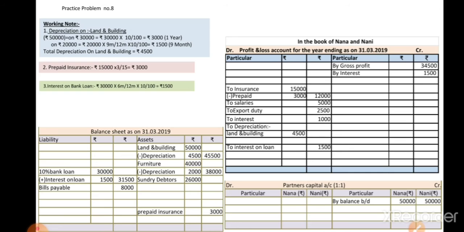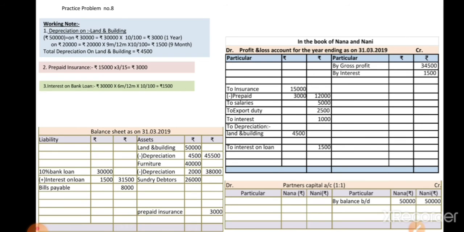Similarly, there is depreciation on furniture also. Depreciation on furniture is 5%. How is it calculated? 40,000 into 5%, that is 2,000, the amount of depreciation we calculated. First of all we deduct it from the balance sheet, so we get the balancing amount of furniture, that is 38,000.